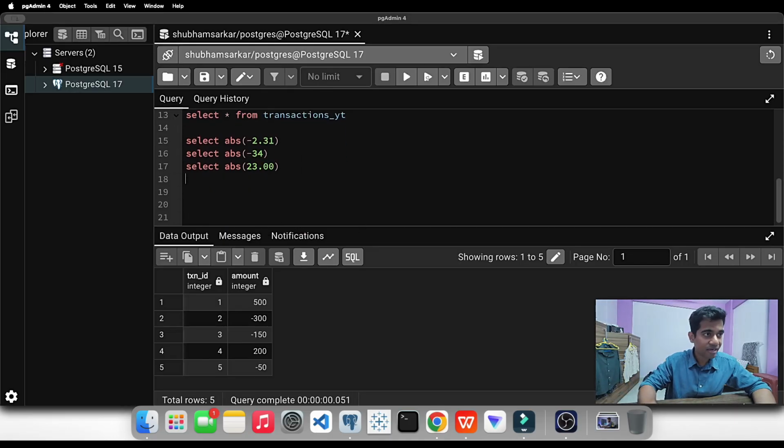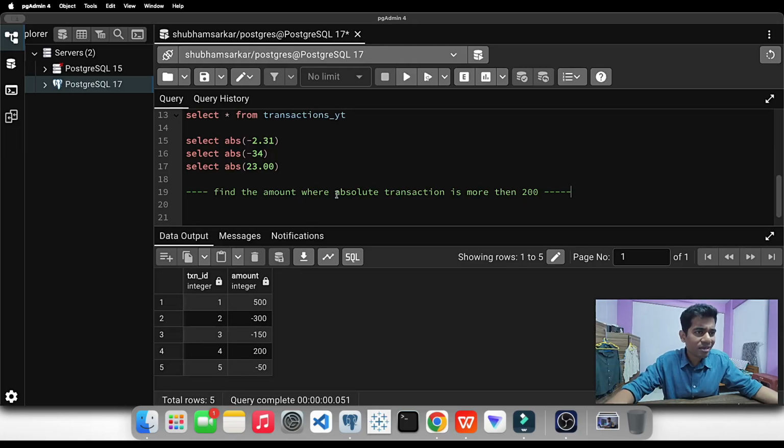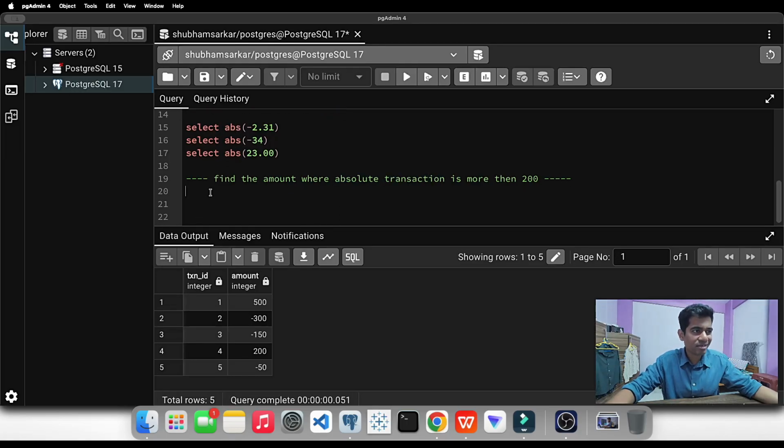Directly you will get something like this: find the amount where the absolute transaction is more than 200. Right now you will think, what is this absolute transaction all about?